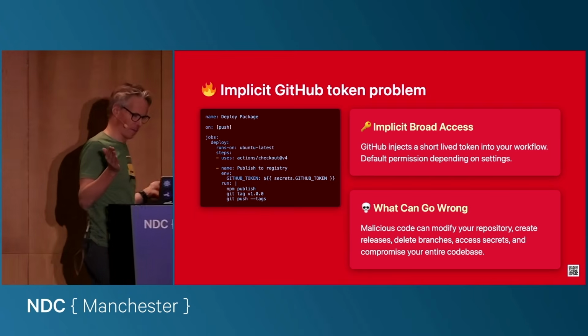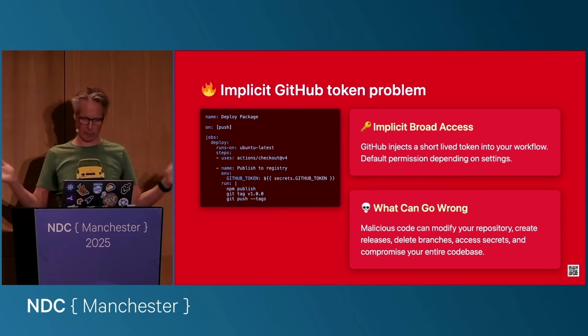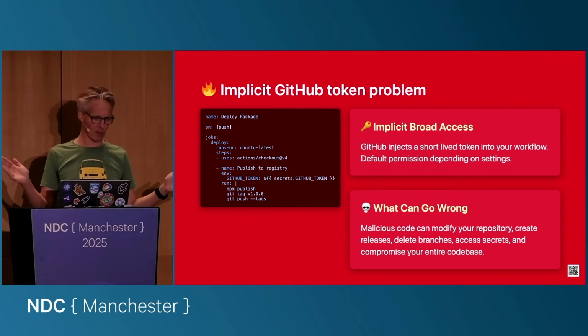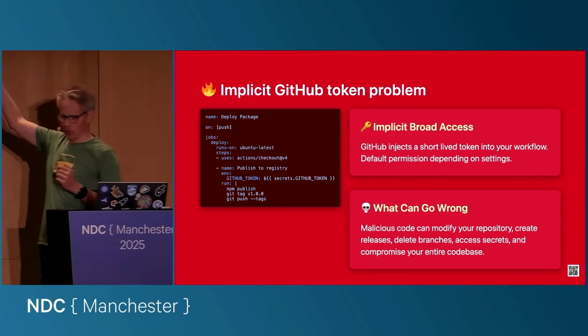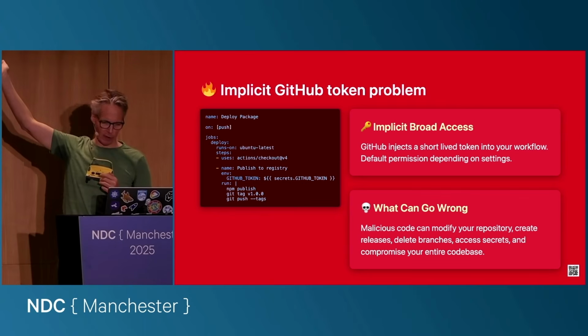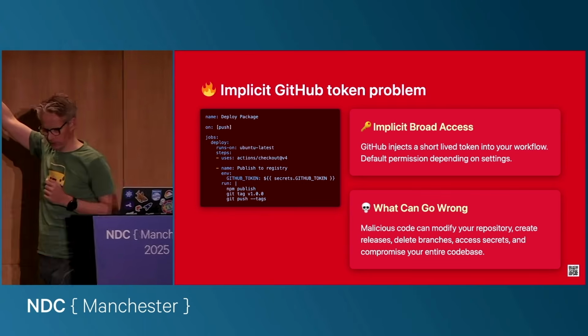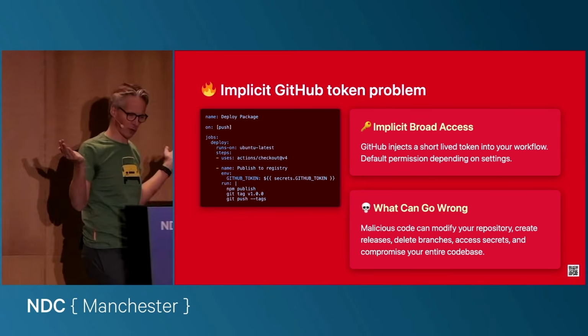What's not so good is that the token has, by default, wide permissions. By default, it is a read and write token, even if you have no intent to write. So if you make a workflow, as I show here, and you have all the defaults in your GitHub, then you're able to make code changes. And if you don't have protection on your branch, this will work on any branch, just because the default token is there.